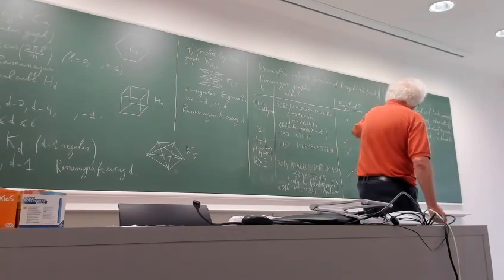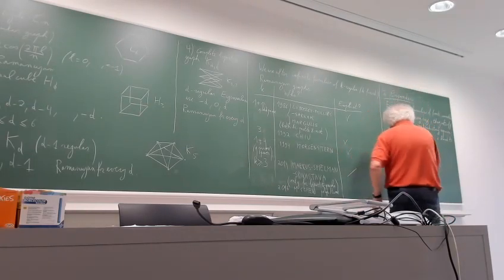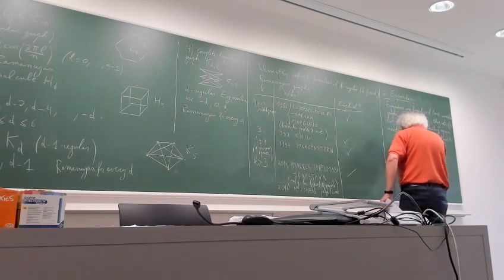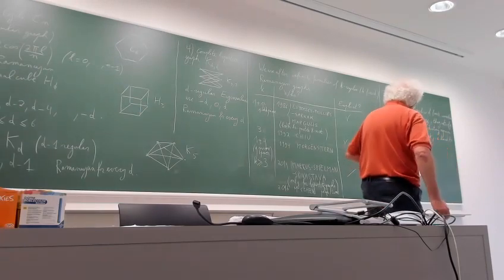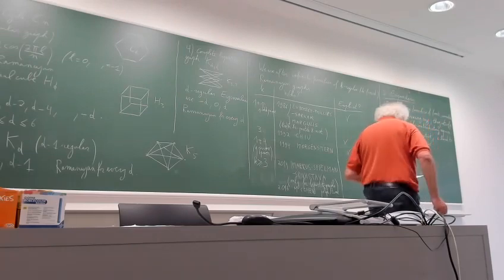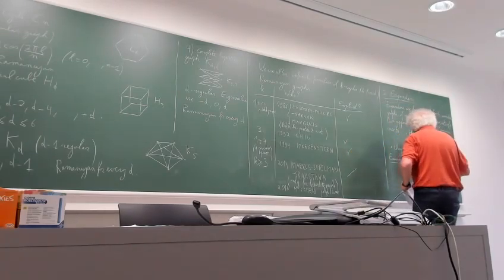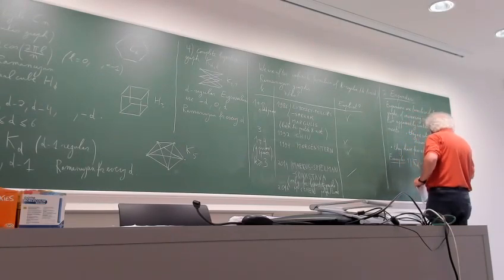Let's look at two examples to understand what I mean by contradictory. The complete graph, K_d, is hard to disconnect.